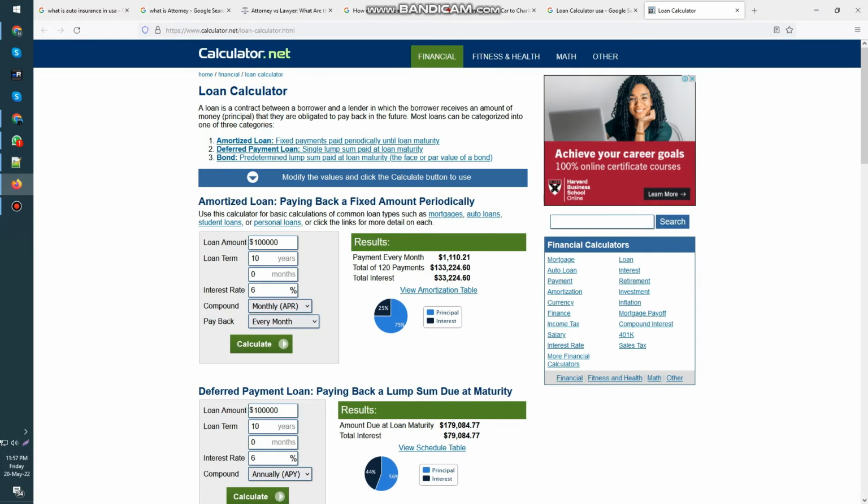A loan is a contract between borrower and lender, in which the borrower receives an amount of money, the principal, that they are obligated to pay back in the future.